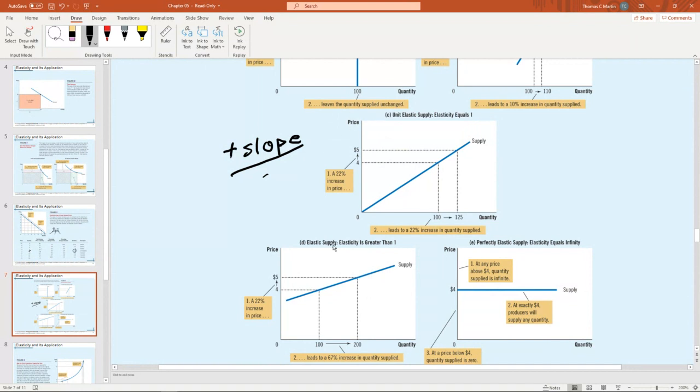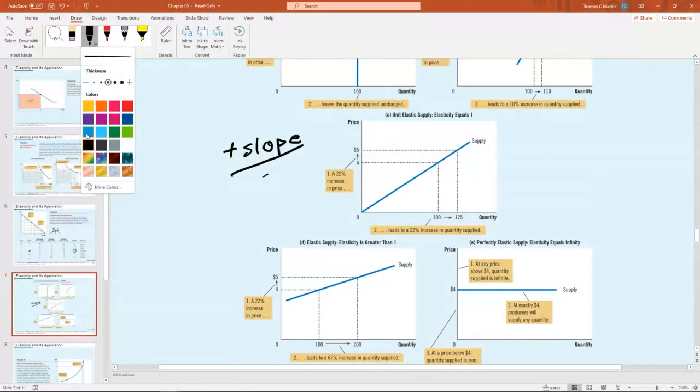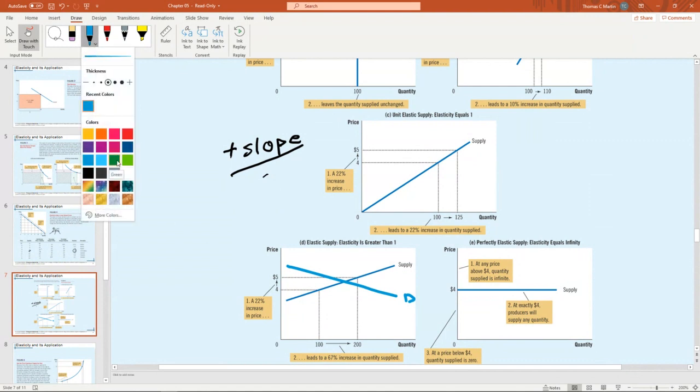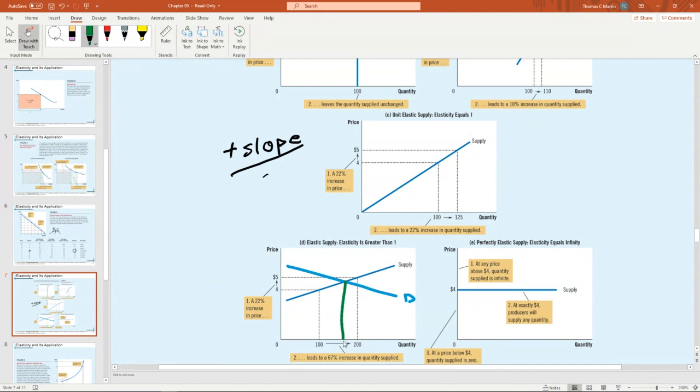Take Hatteras Yacht Company. They had a demand curve that looked like this, and the supply curve as such, and it gave them an equilibrium here.